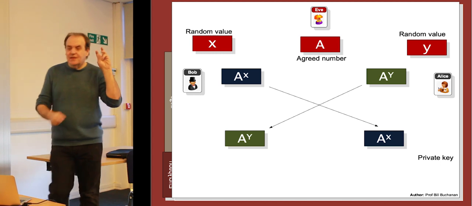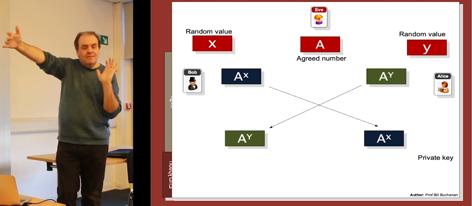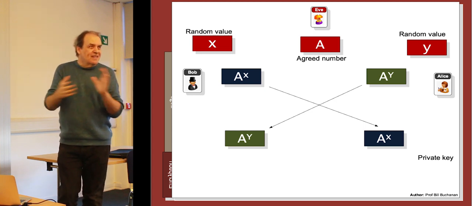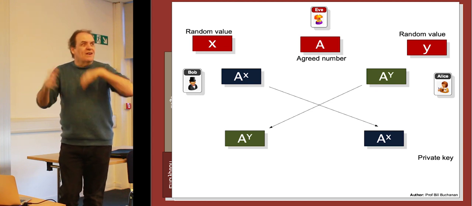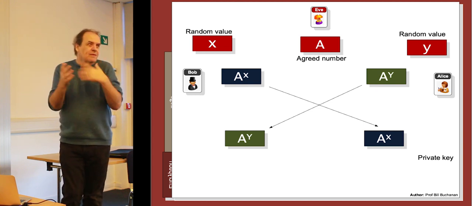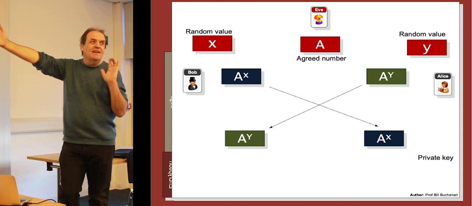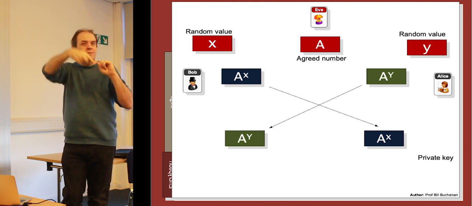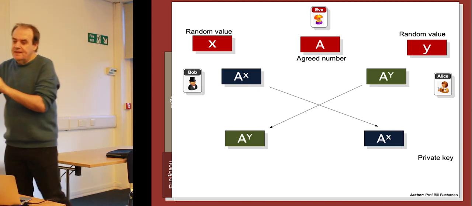So Bob creates a random value x. The number of bits that value has defines the security. If I can search very quickly all the values of x, I'm going to be able to break this. So we pick a big enough value to make sure that Eve can't go through all the possible values that Bob has generated.